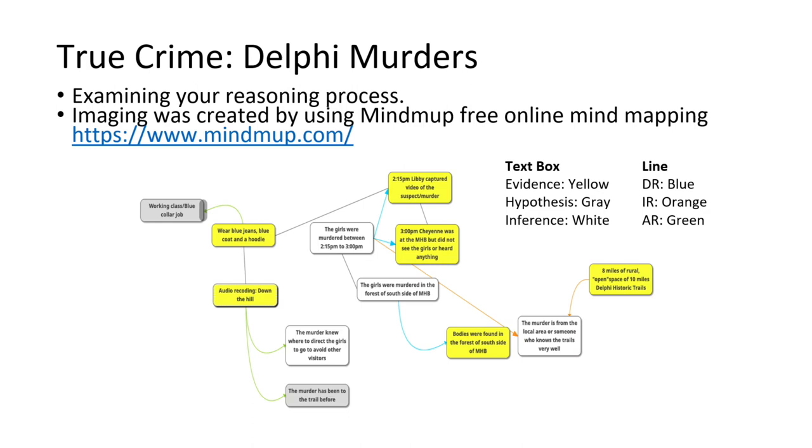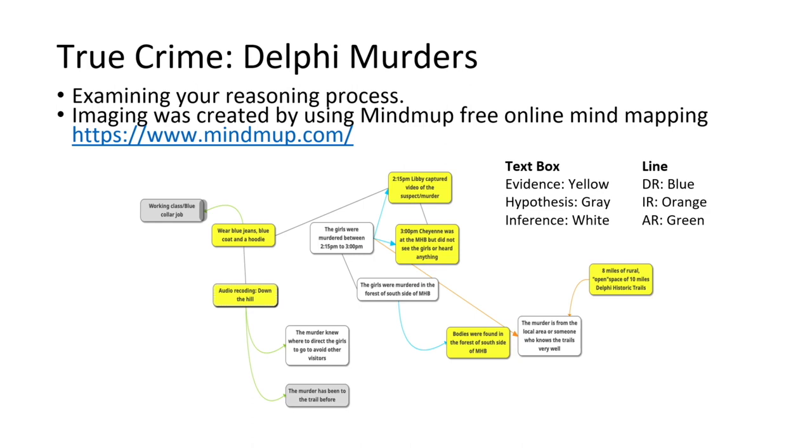Now you might ask, why does this matter? Why are we doing this? Well, when I did the Delphi murder activity, I was generating hypotheses and making inferences unconsciously. And I thought I was making the right conclusion and inference because they were based on evidence.